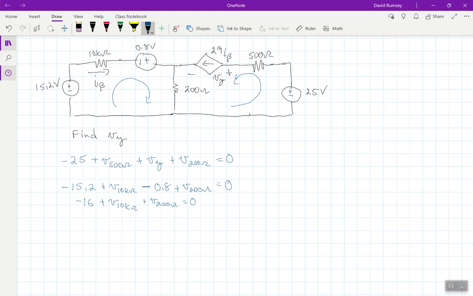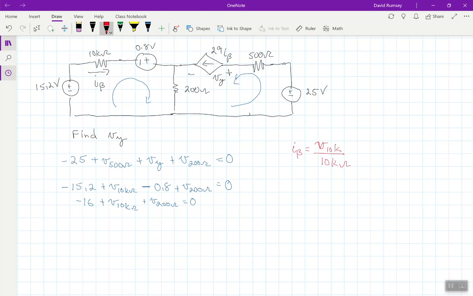Well, one thing we should first right away notice here is that there's this current I beta that's labeled here, and that's this dependent current source right here. So one way you can think of I beta, I mean, it's just this arrow here, but I'm also going to draw here that, using Ohm's law, I beta is going to be the voltage across the 10k ohm resistor divided by 10 kilo ohms.